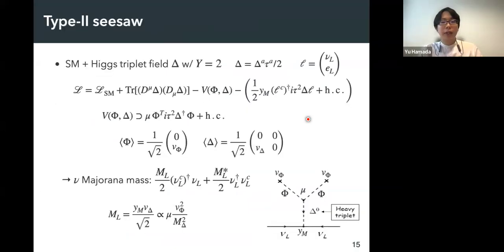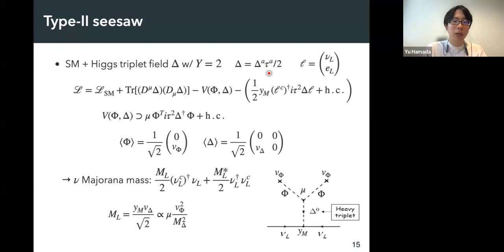So firstly, let me explain the type 2 seesaw model. The type 2 seesaw model is a popular and simple setup that consists of the standard model and a Higgs triplet field delta that has hypercharge 2. This delta is written by this formula, and A runs from 1 to 3, so we have delta 1, 2, and 3.